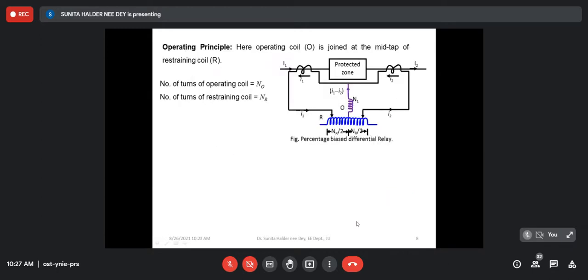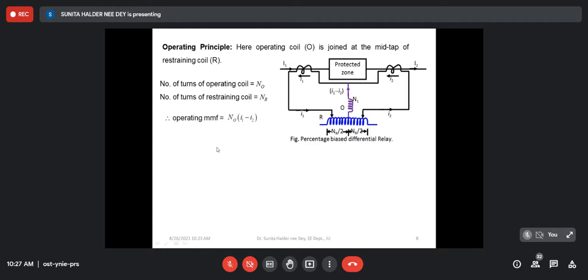What is the operating principle? There is an operating coil and there is a restraining coil. The operating coil is connected at the middle position of the restraining coil, right? Through the restraining coil, in one half portion the I1 current will flow, in the other half portion the I2 current will flow. In the operating coil, I1 minus I2 current will flow.